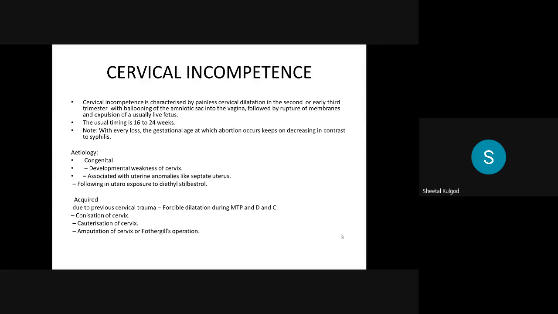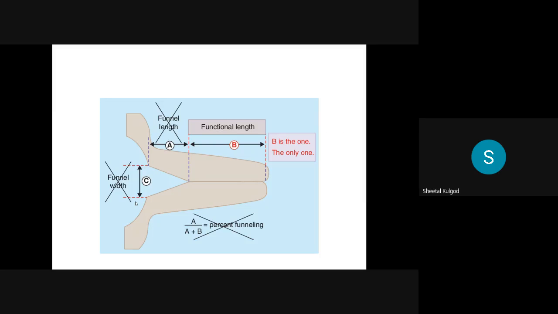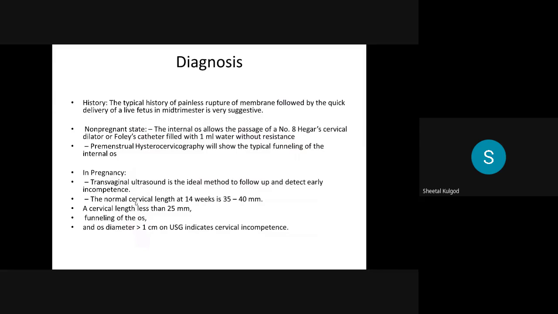Then another important cause for recurrent abortions is cervical incompetence, where the cervix is either genetically problematic, or has a developmental weakness, or might be associated with uterine anomalies. The most important diagnostic clue is where the patient gives a history of recurrent abortions, especially second trimester abortions.